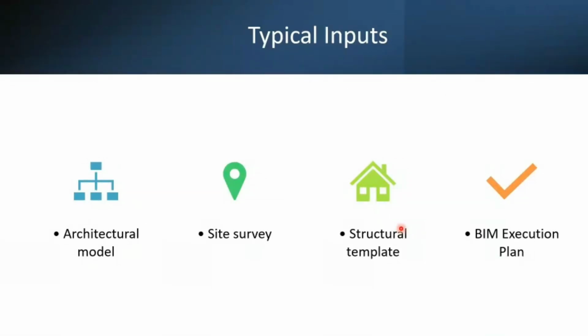Another model is the site model. The site surveyors prepare the site model according to the site and survey data they have collected from the site. They prepare the topography, which shows the topographic features and site features, including civil features such as drainage, roads, and conduits, and so on and so forth.